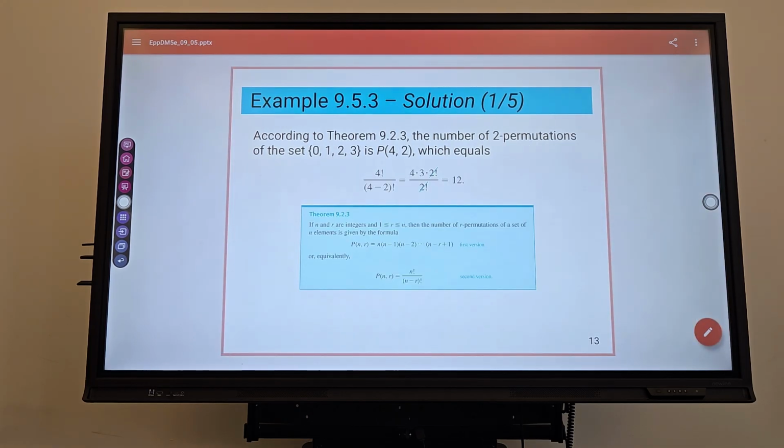According to Theorem 9.2.3, the number of 2-permutations of the set is equal to 4 factorial over 4 minus 2 factorial, or 12. That's the number of permutations. And if n and r are integers, it just restates Theorem 9.2.3: the permutation of n and r is n factorial over n minus r factorial.